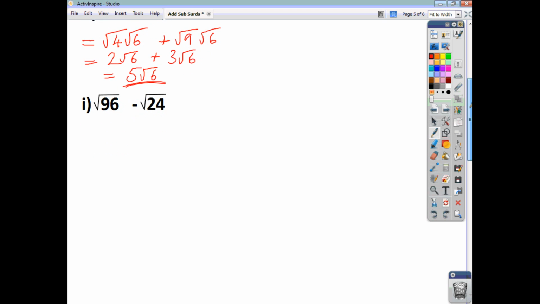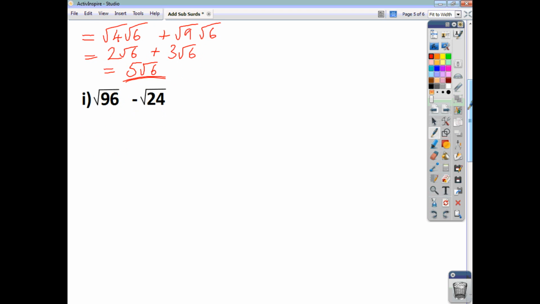And finally, if you look at question I, think of what goes into 96. Remember your square numbers, you've got 4, you've got 9, you've got 16, 25, and so on. What goes into 96? Well, 16 goes into it. Okay, you might not spot that straight away, but you can think of it as root 16 times 6.